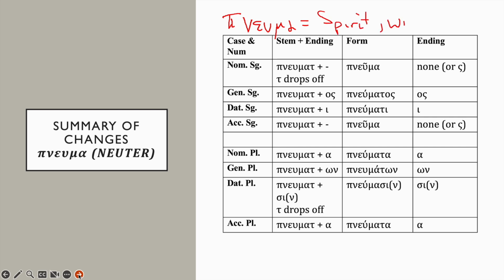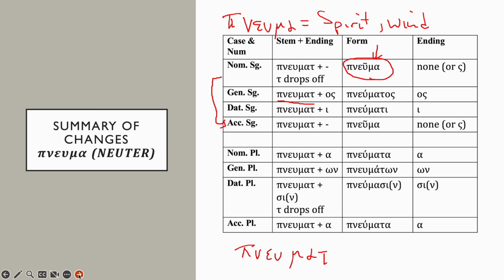Just a reminder, pneuma means spirit or wind. And that's its lexical form, pneuma, but its true stem has a tau on the end. And that tau maintains throughout the whole paradigm. So pneumatos, pneumati, pneumata, and pneumasin.